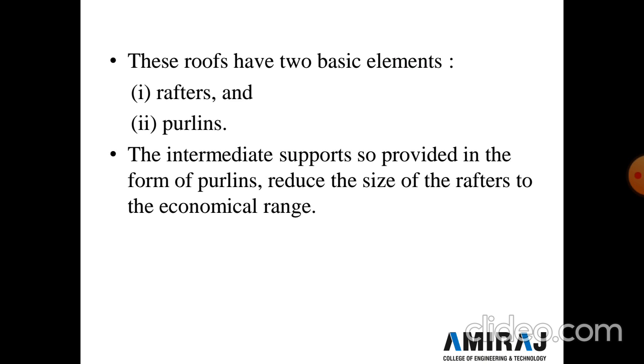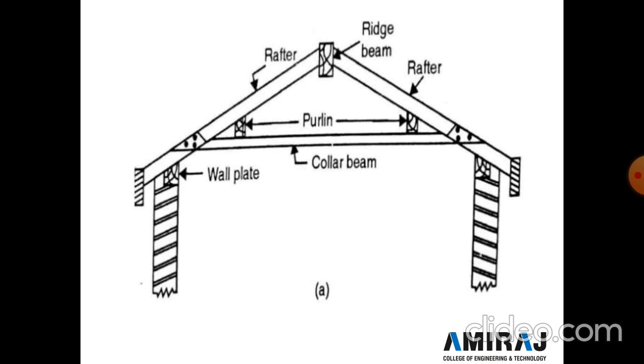See this figure, where each rafter is supported at three points. The rafter is supported at the bottom on the wall through the wall plate, second at the top by the ridge beam, and third at the center by the purlin. So the rafter is fixed at three points: at the bottom, at the top and at the center.